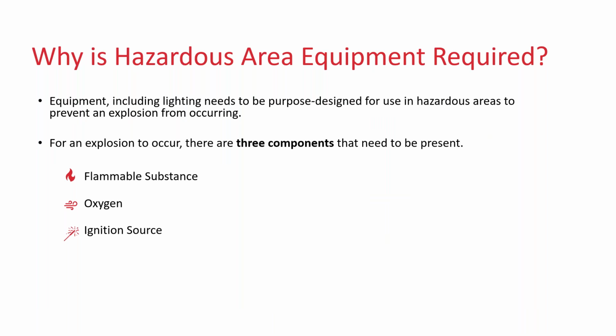And finally, we need an ignition source. So a spark or high heat must also be present to ignite the mixture of flammable substance and the oxygen. Now, there are 13 potential ignition sources, such as flames, hot surfaces, mechanically generated sparks, and static. They're just 4, but a greater list is available to research and look at.